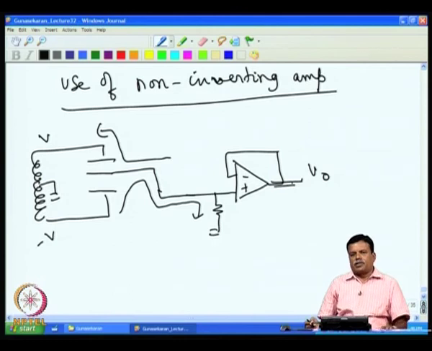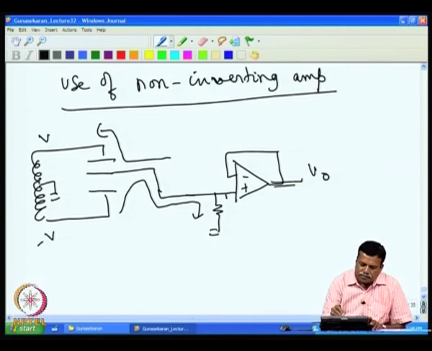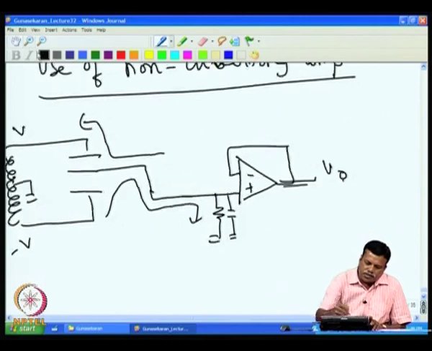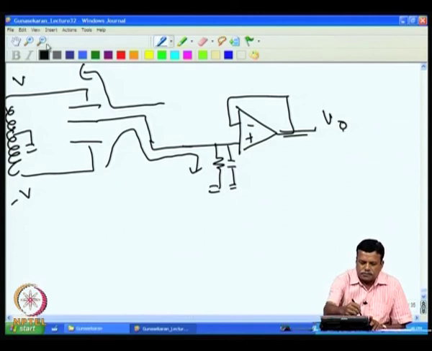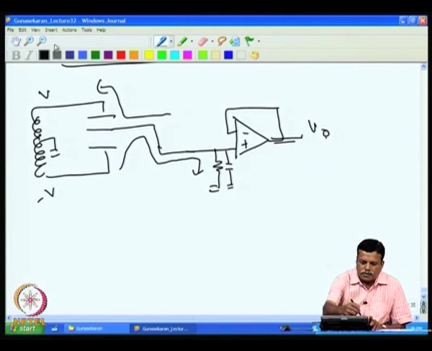And if we use this method, then if the output voltage is present, the capacitance between this point and this point can create a problem, because it is loading the circuit and creating an issue.